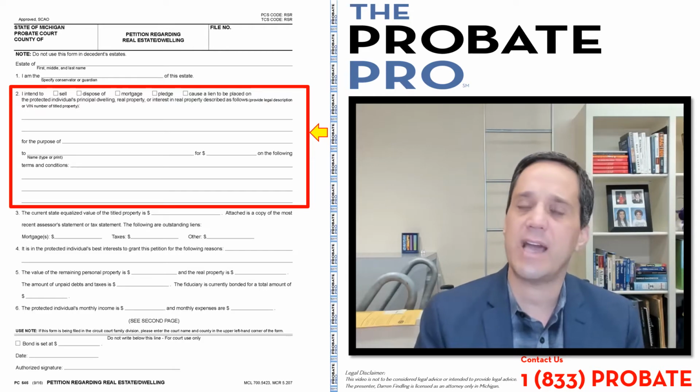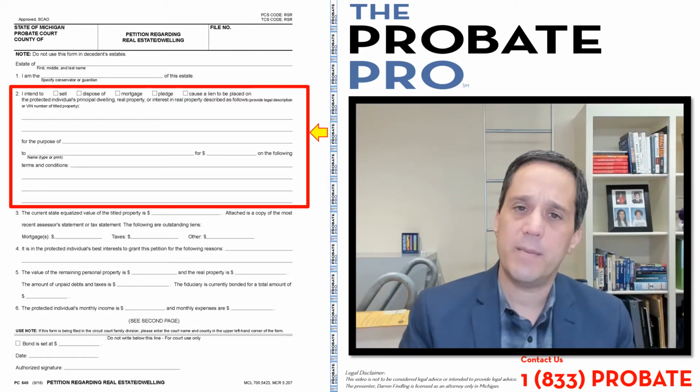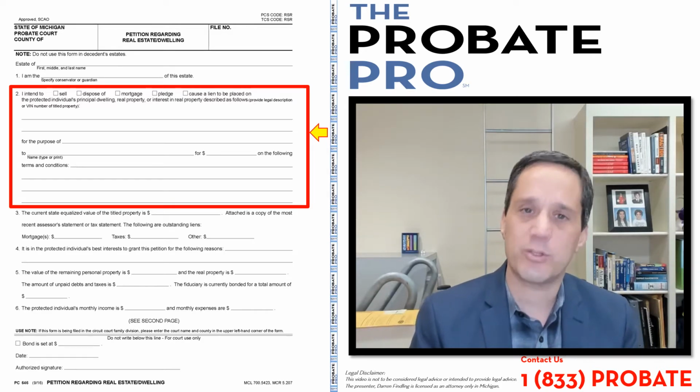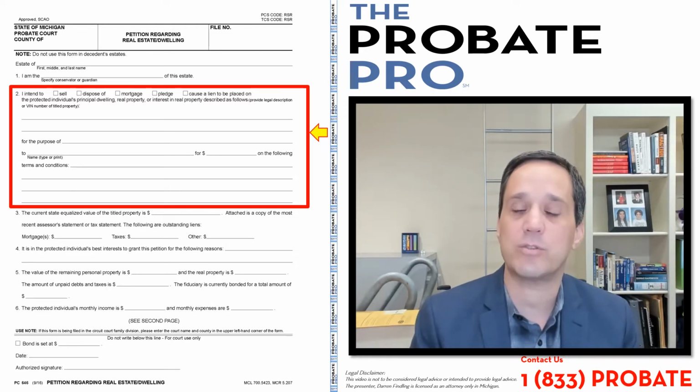In addition, it asks for you to identify the legal description of the real estate. So remember, in Michigan, you're not only identifying property by a commonly known address like 1234 Main Street, but there's a legal description which identifies the lot number, the subdivision, the Liber and page, maybe it's a metes and bounds description.